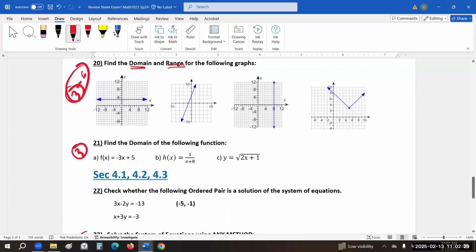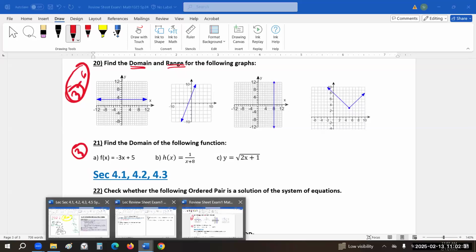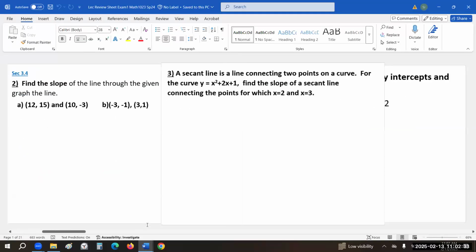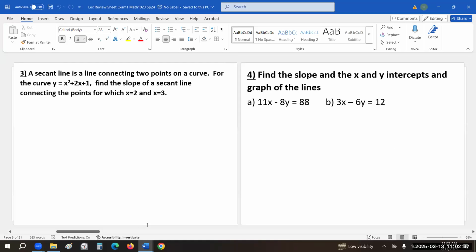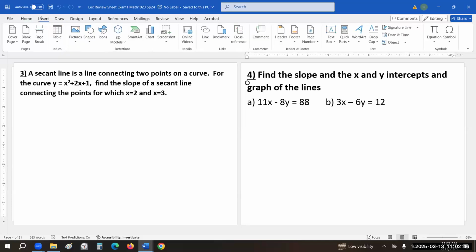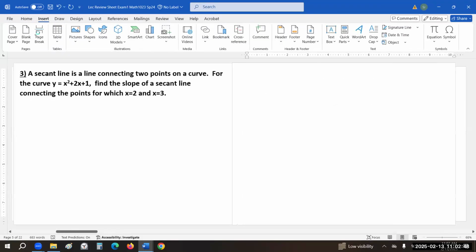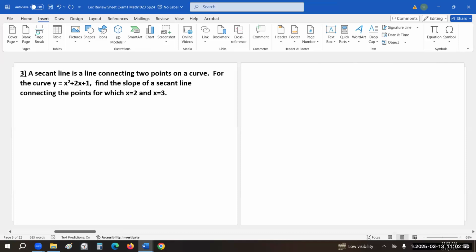Okay, let me go over the second line. Basically they're asking if you're given 2 x values, how do you find the slope of the line that goes through a graph?